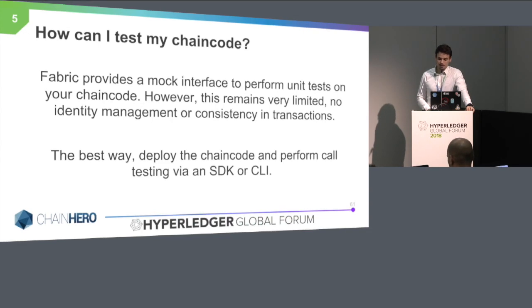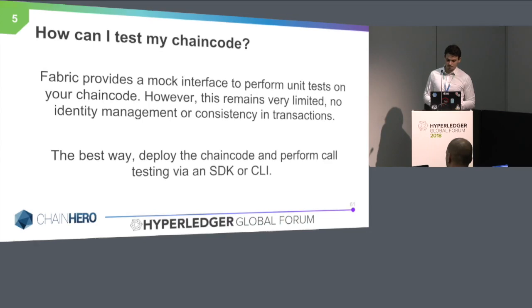And also there is no consistency in transactions. So in a lot of cases it is not really useful. You can't test all your code, so you need to deploy the chain code and then perform some testing via an SDK or the CLI commands.